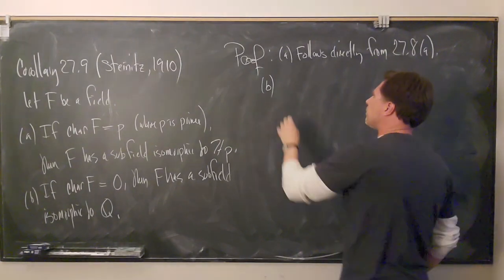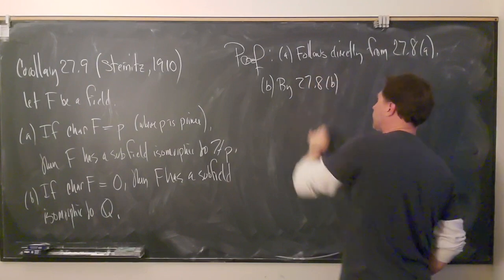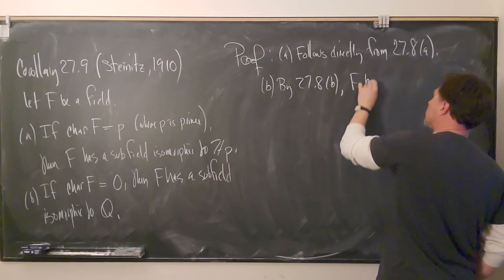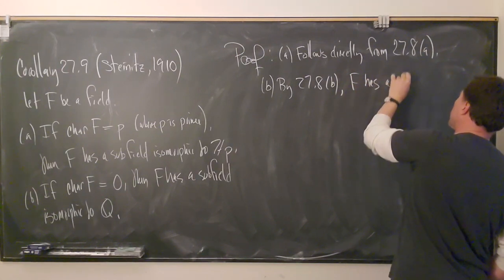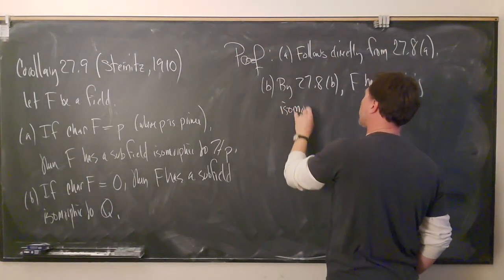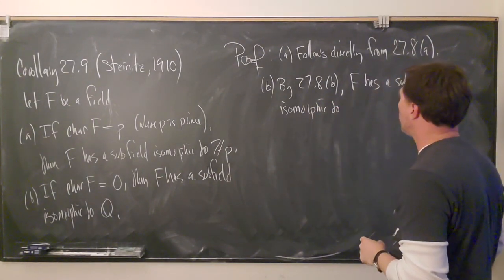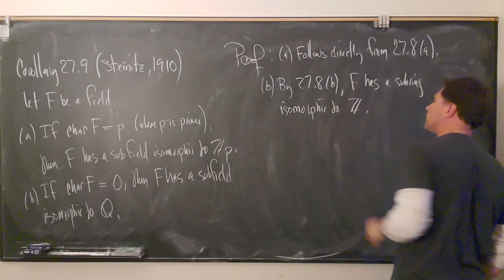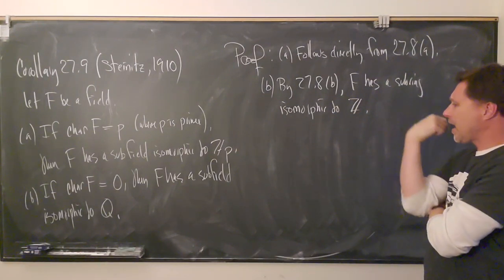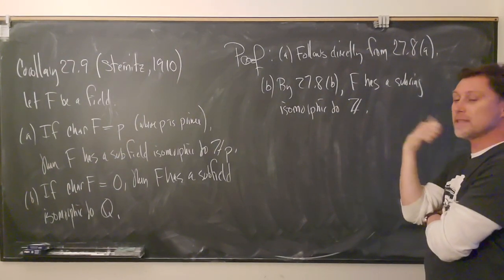By 27.8b, F has a subring isomorphic to Z. And now, from this, we want to create something isomorphic to Q. Well, Z is an integral domain.